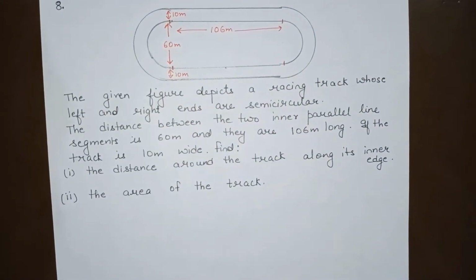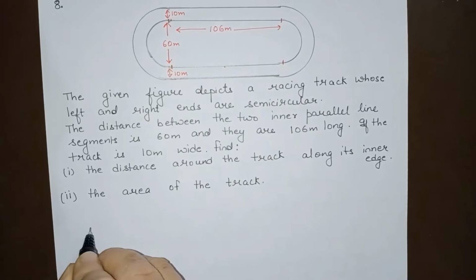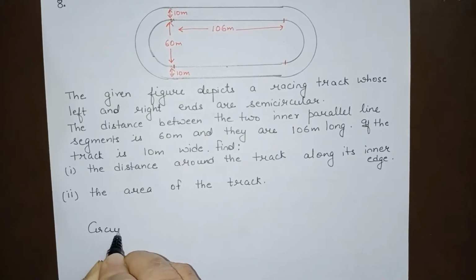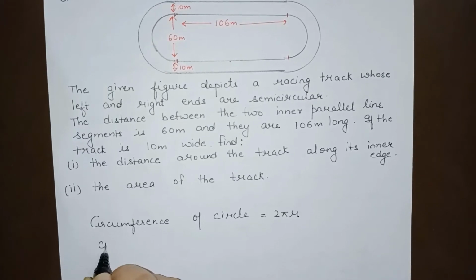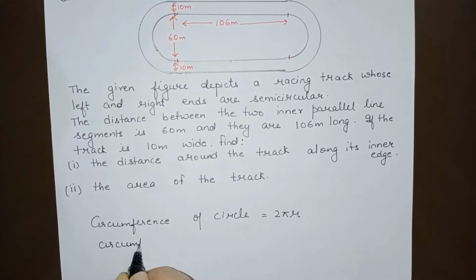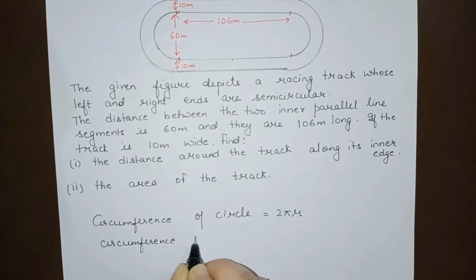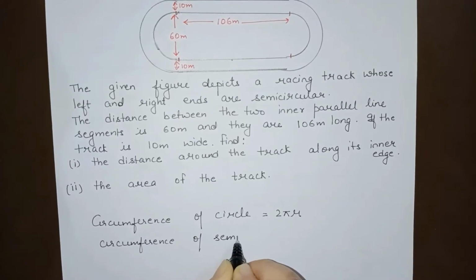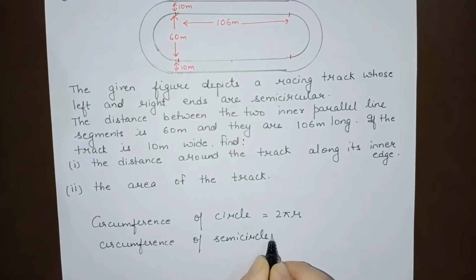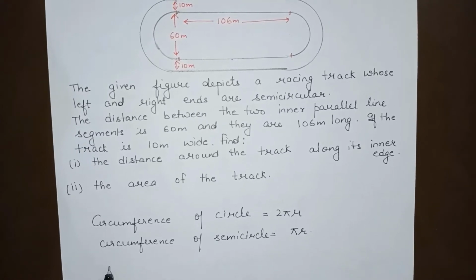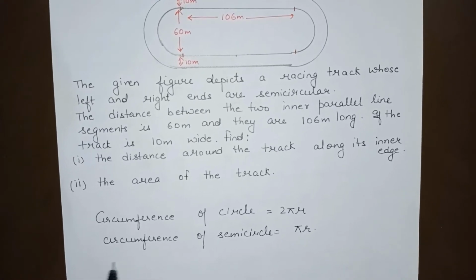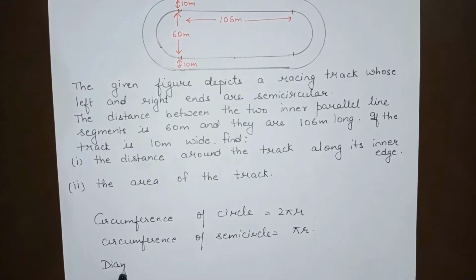So circumference of the circle is given by 2 pi r. Therefore, circumference of semicircle will be pi r, right? And here what is r?